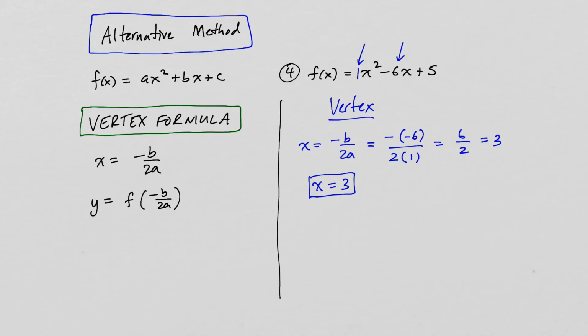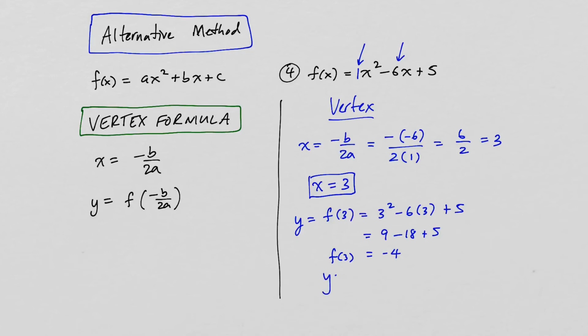And then once you have that, the y-coordinate you get by plugging this x-coordinate into the function. So the y-coordinate is simply f of 3, which is 3 squared minus 6 times 3 plus 5, which is 9 minus 18 plus 5, which, when you do the math here, is negative 4.